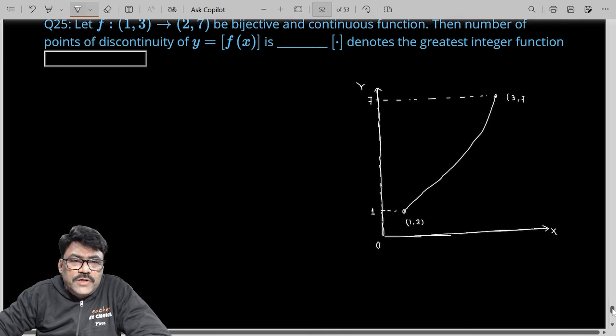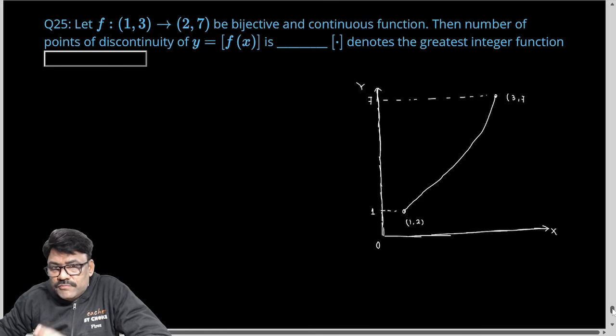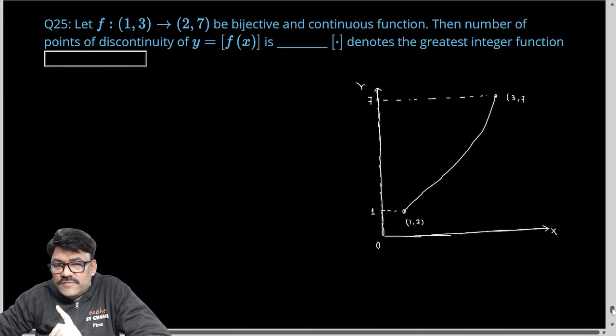Between these 2 points, your function, the integral part of f(x), will be discontinuous at all those points where f(x) is an integer.